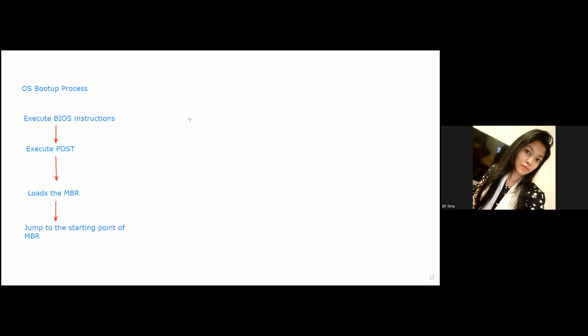Now the MBR contains instructions, as I mentioned before, to run the boot code. So the next step would be to run the boot code. Then at this point, if there are any interrupts, we have to handle those interrupts.